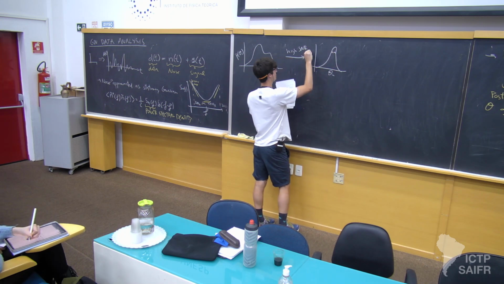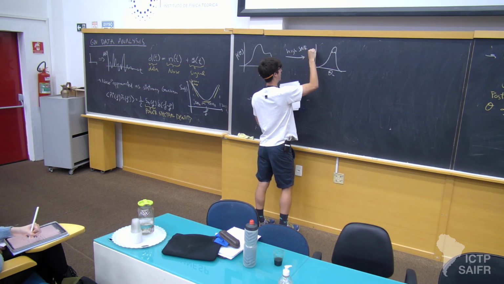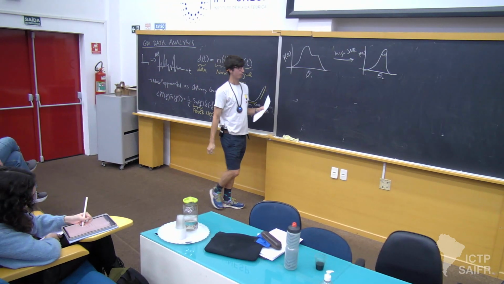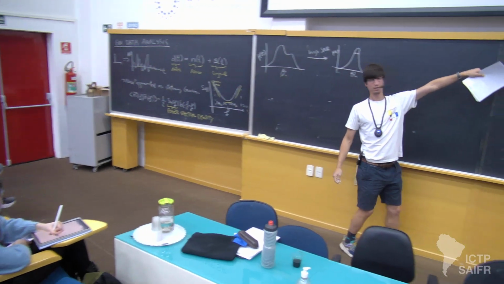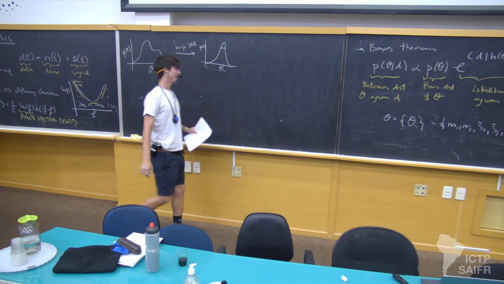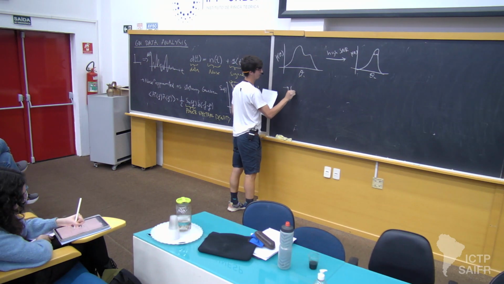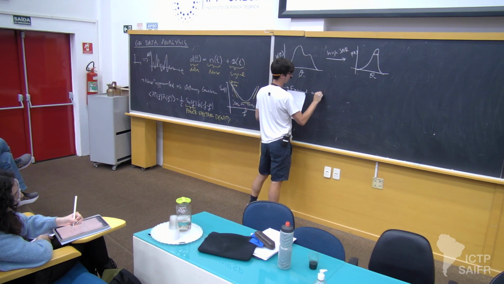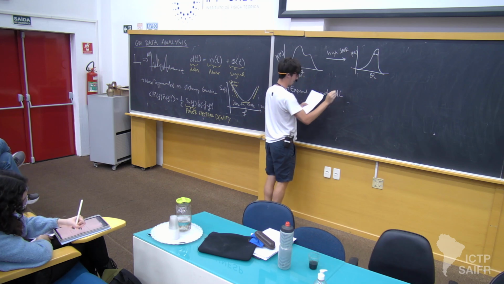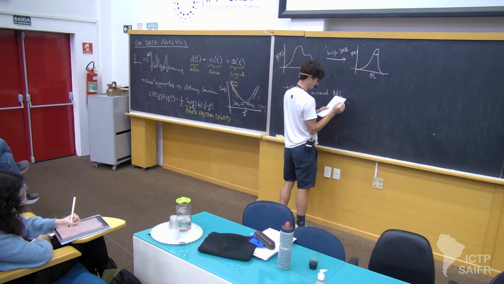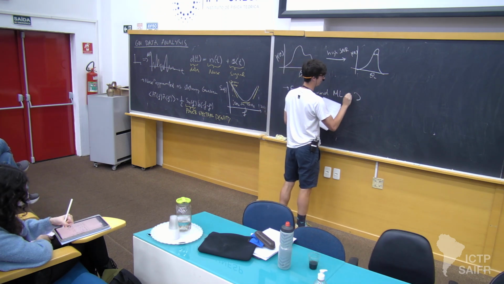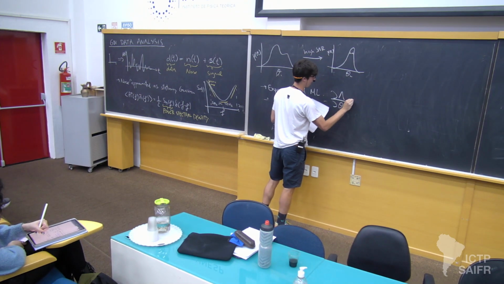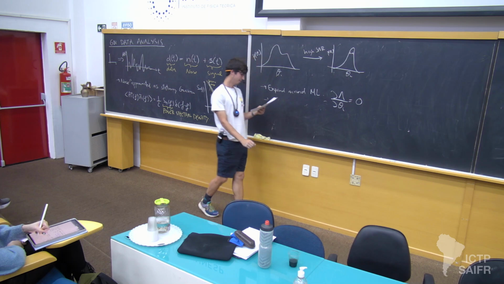So in this case, what you can do is take this expression and expand around the maximum likelihood, which is defined as the place where the first derivative of the likelihood vanishes.